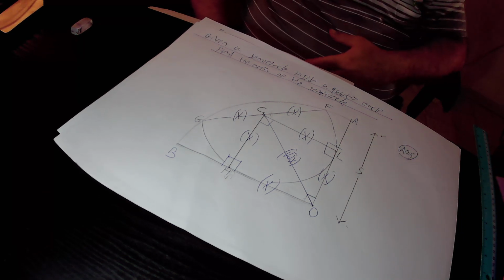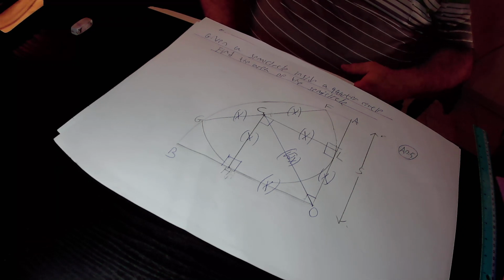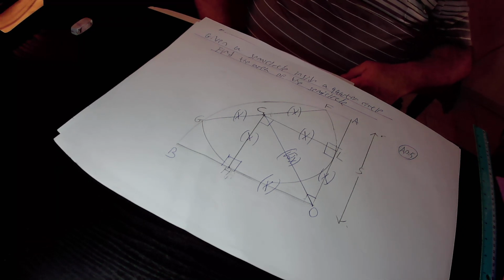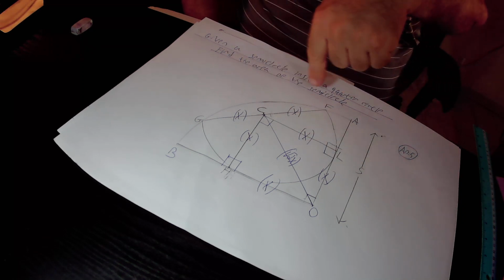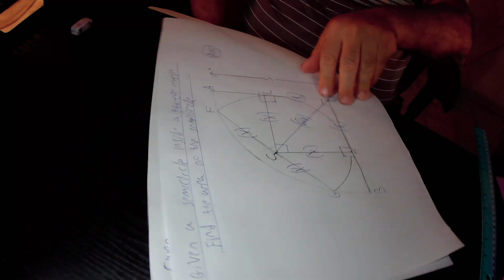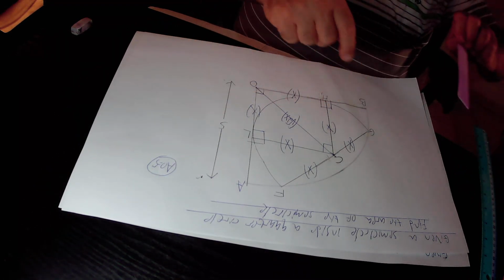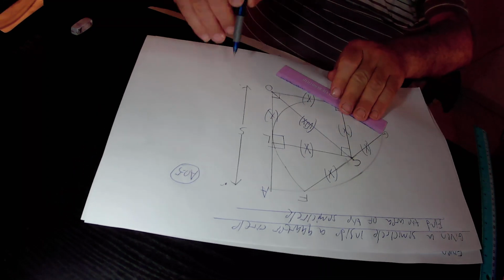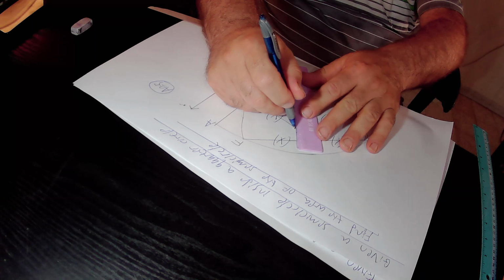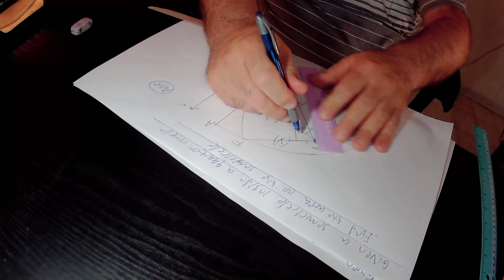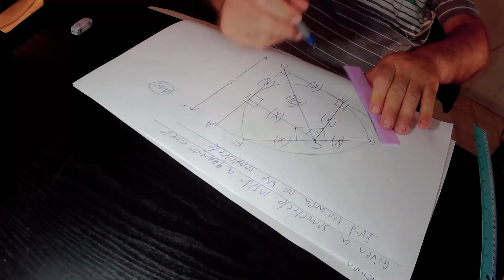So all the requirements of rule 7 are satisfied, and therefore we can implement here rule 7. According to rule 7, line segment OC will be also perpendicular to FG. If line segment OC is perpendicular to FG, it means that this angle equals to 90 degrees, and this angle also equals to 90 degrees according to rule 7.